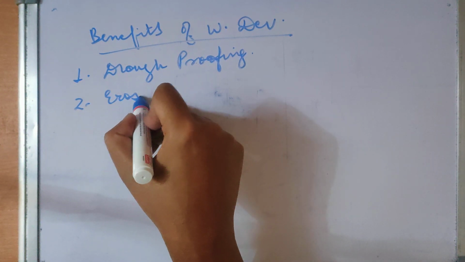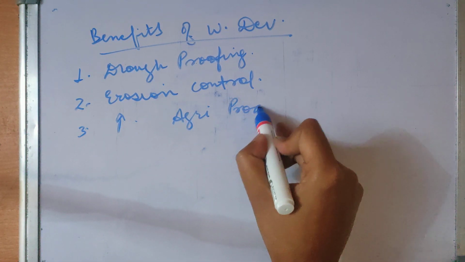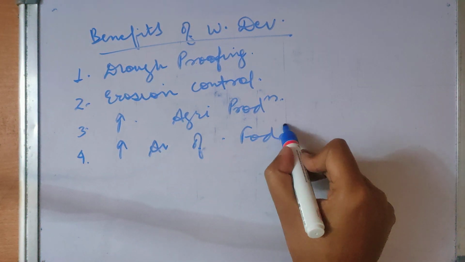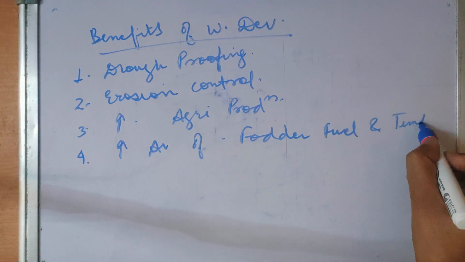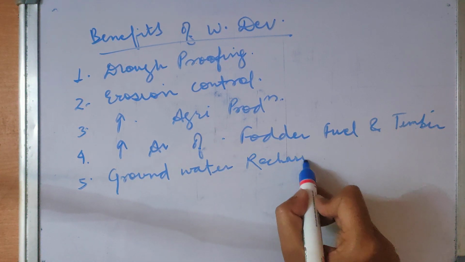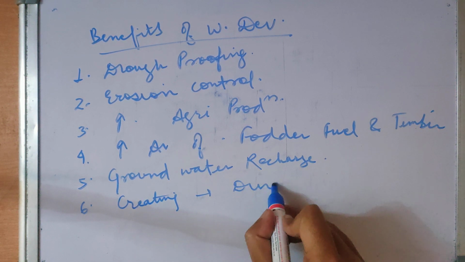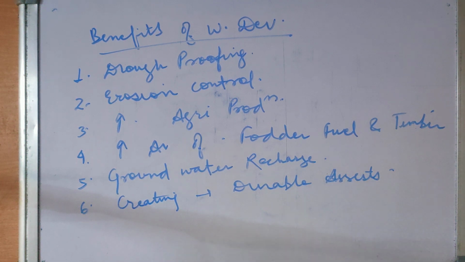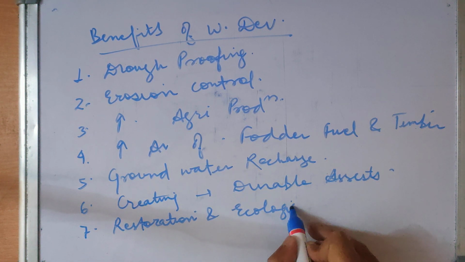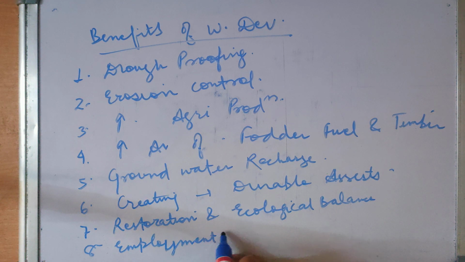Erosion control, increase in agricultural production, increased availability of fodder, fuel and timber, groundwater recharge, creation of durable assets, restoration and ecological balance, employment generation. Employment will be generated.